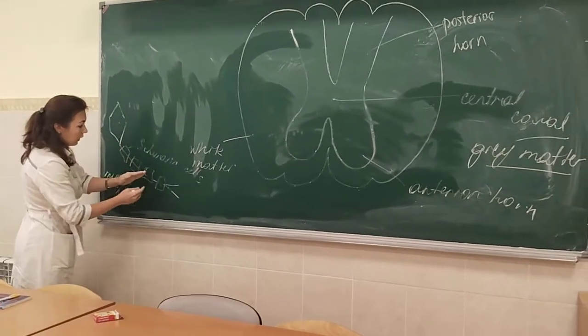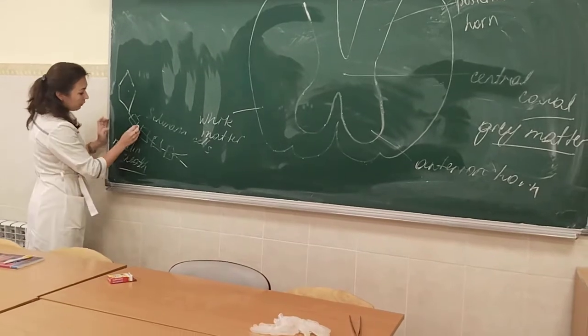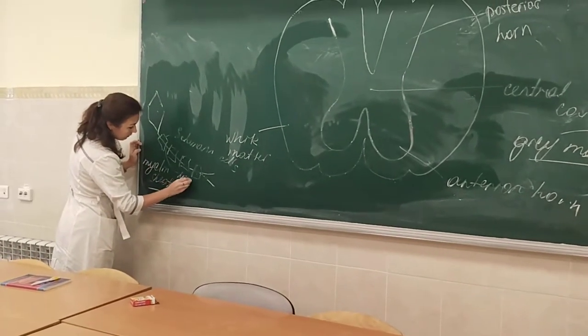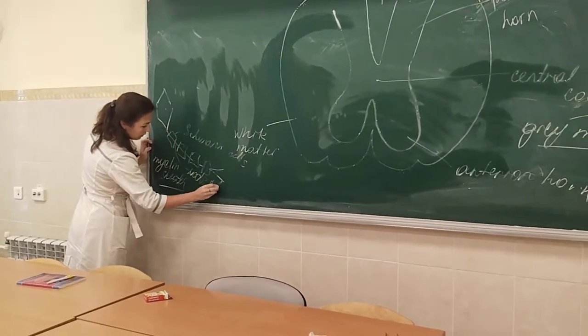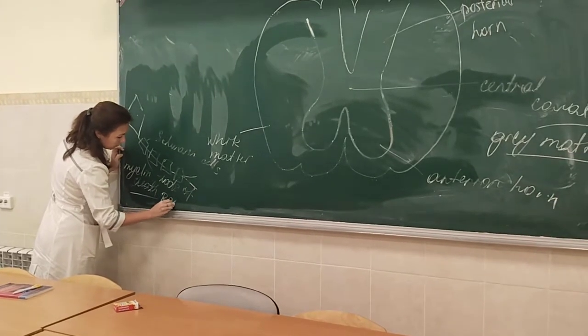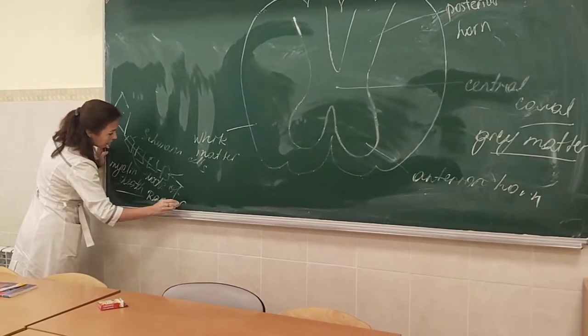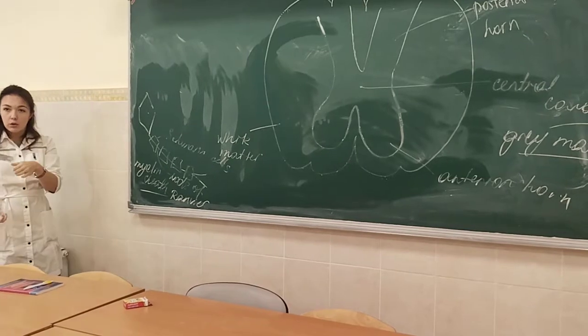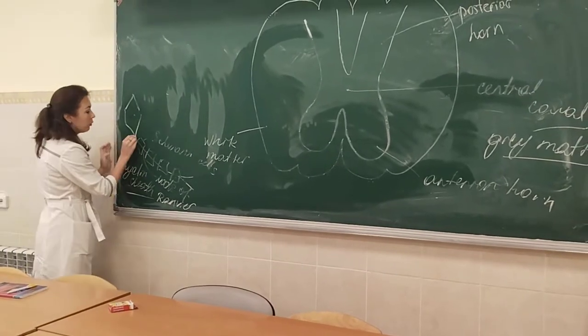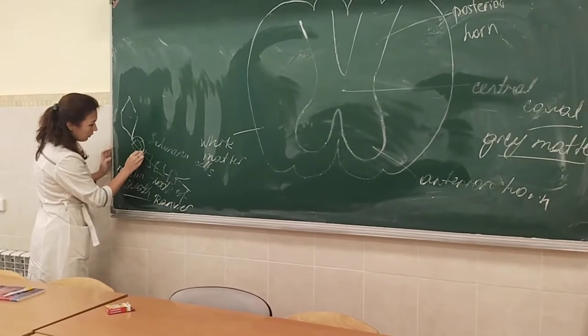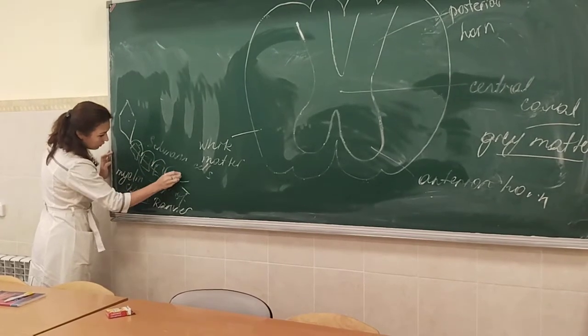Between Schwann cells, there are gaps, yes, which are named nodes of Ranvier. When an impulse moves along the axon, it moves from one node of Ranvier to another, like jumps.